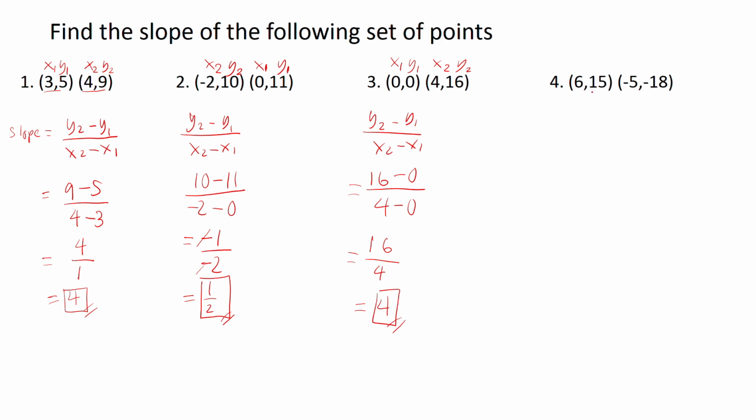We will continue with our last example. We have here 6 comma 15 and negative 5 comma negative 18. Again, we can assign the sub 1 and sub 2. I guess it would be much better if we assign this one as our x sub 1, y sub 1.